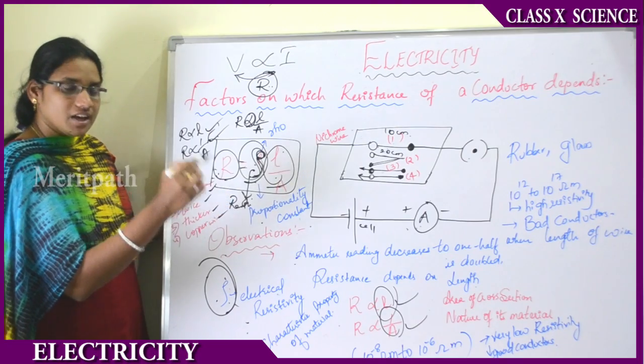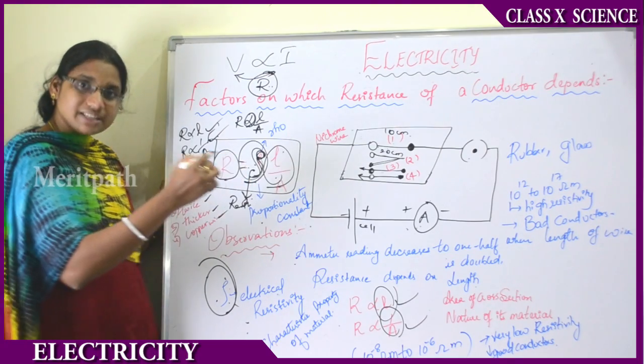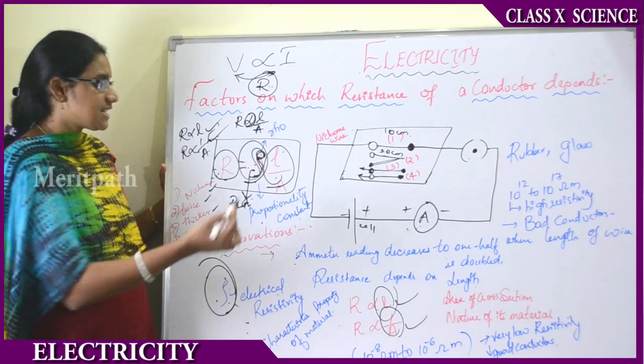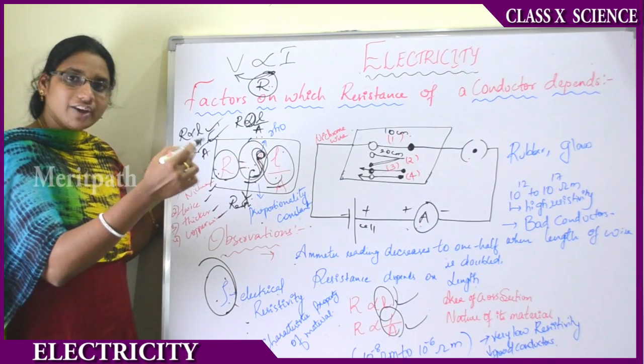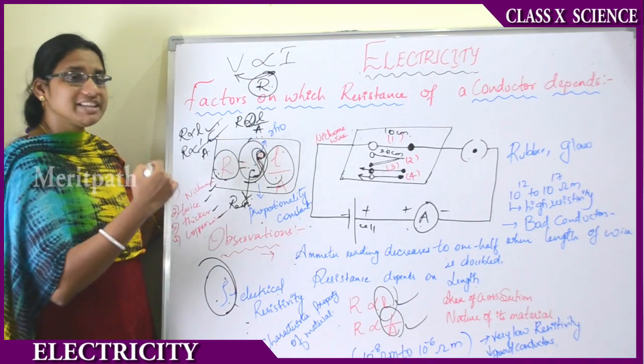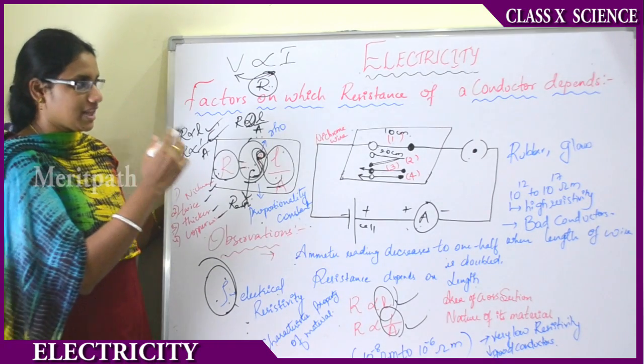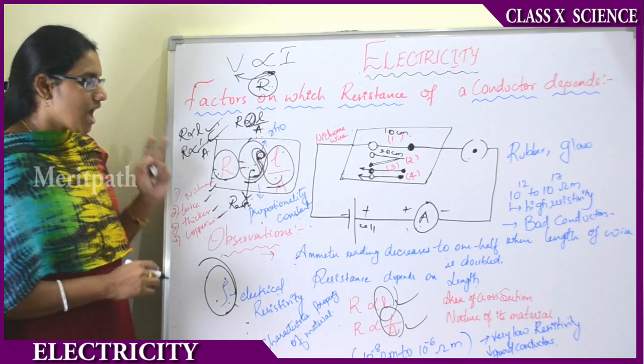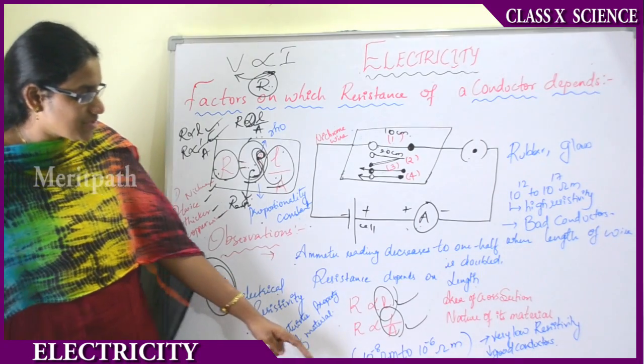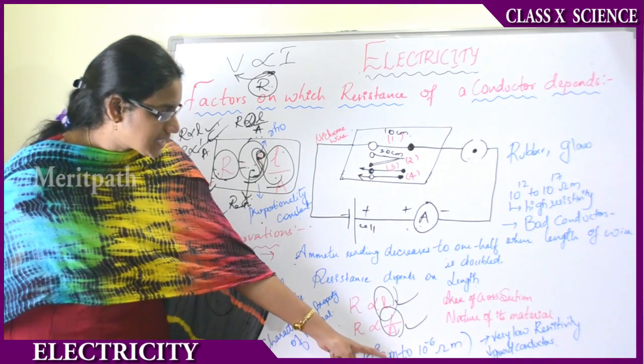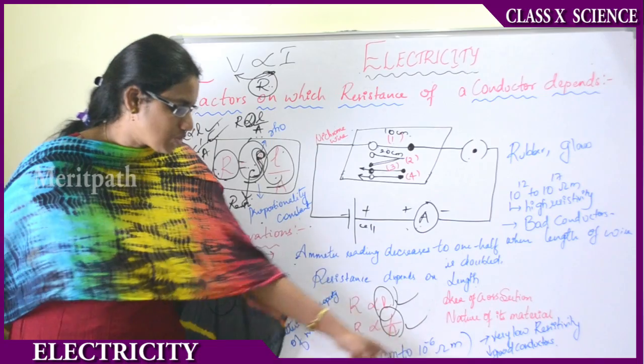If the resistivity varies between the materials, for copper wire it is around 1.6 and for nichrome it is more than that. That means the resistivity is varying for different metals according to their properties. Now we will be seeing the resistivity values as 10 power minus 8 ohm meter to 10 power minus 6 ohm meter.